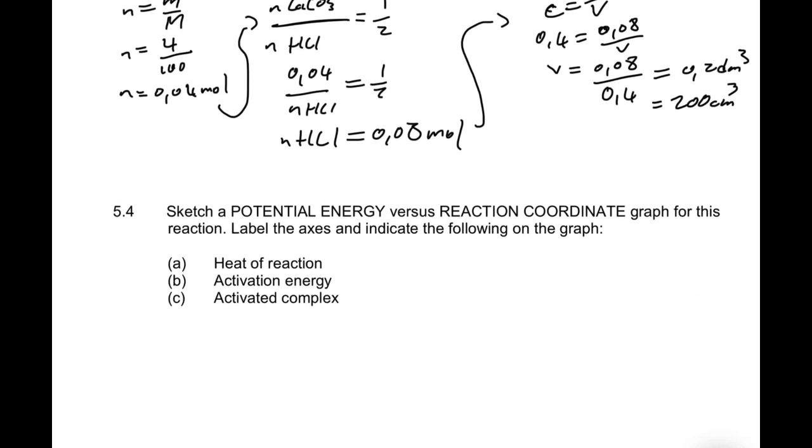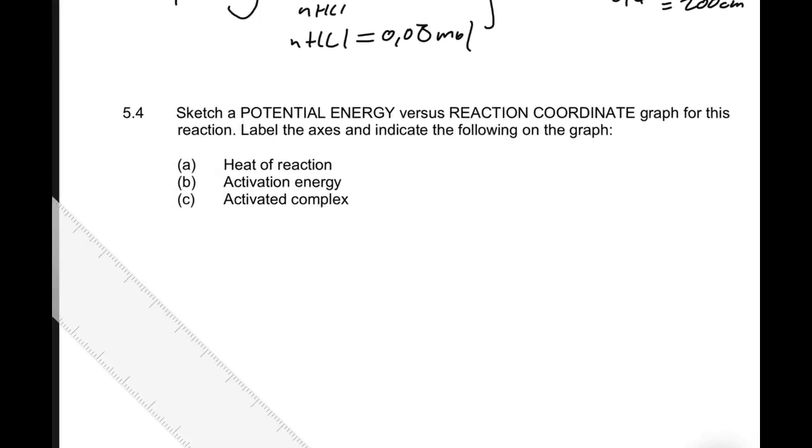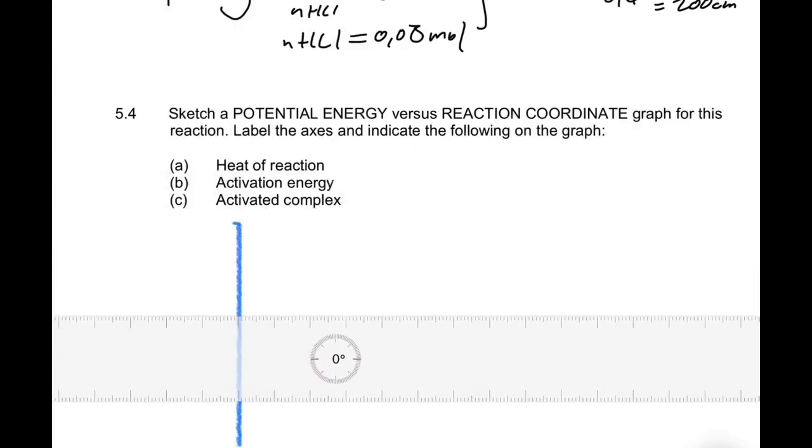And then 5.4 says sketch a potential energy versus reaction coordinate graph for this reaction. Label the axes and indicate the following on the graph. We don't have the values of the activation energy, heat of reaction, and activated complex, and so on. So here they're asking us to just draw a basic graph of how a potential energy graph would look for this reaction.